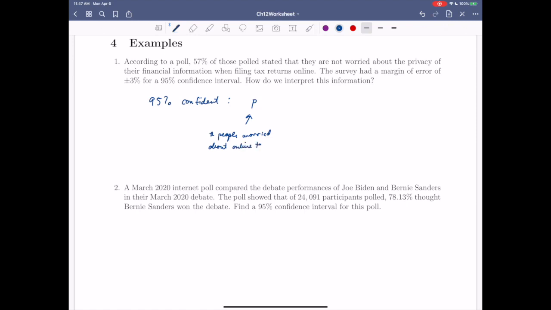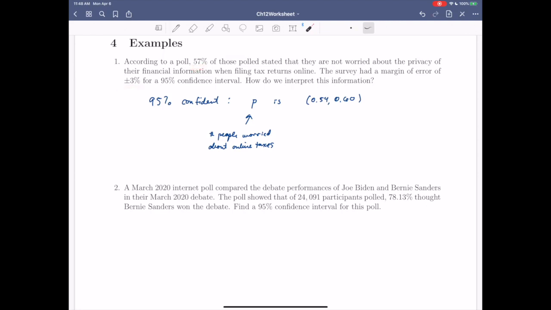Worried about online taxes. We're just using a shortcut here. We can be 95% confident that P is in the interval from 0.54 to 0.60, somewhere between 54% and 60%.